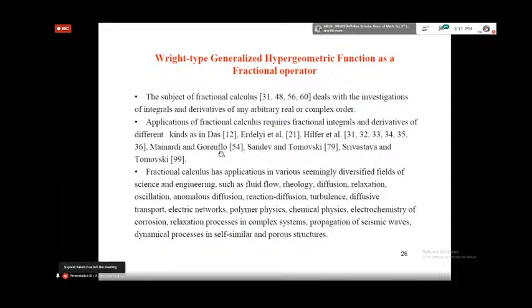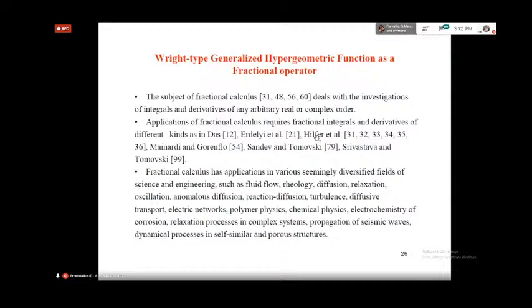So now over here, we will discuss this concept of fractional calculus. The references mentioned for this concept are 31, 48, 56, 60, and the work of Das, Delhi, Ilford.